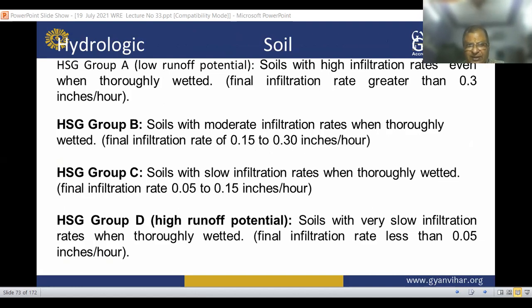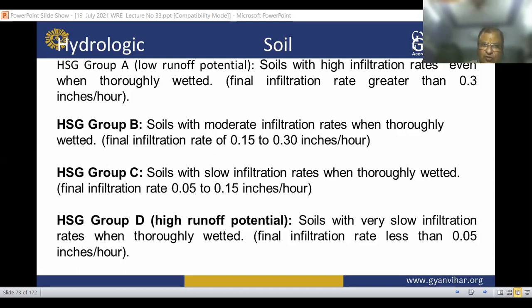HSG group A: low runoff potential, soil with high infiltration rate even when thoroughly wetted, final infiltration rate greater than 0.3 inch per hour.